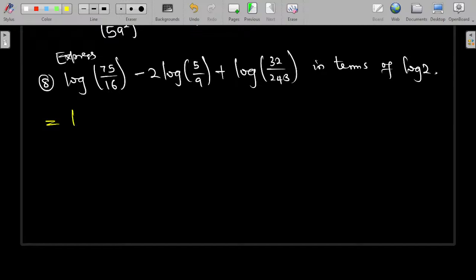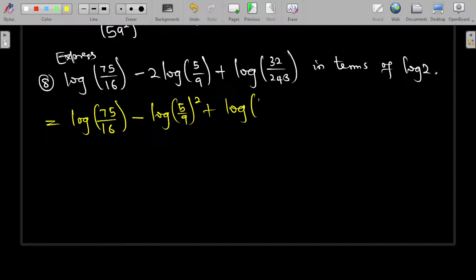So this is going to give me the log of 75 over 16 minus, so these two will come up, and that will be the log of 5 over 9 all squared, then plus the log of 32 all over 243.